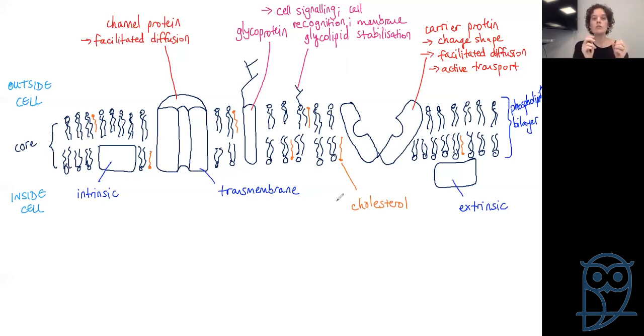So it's also changing the way that those phospholipids are packed. If we change the way that things are packed, we change the fluidity. What's really quite funky about cholesterol is that it can both increase and decrease the fluidity of the membrane, depending on how it's used. So what we say is that it regulates the fluidity of the membrane.